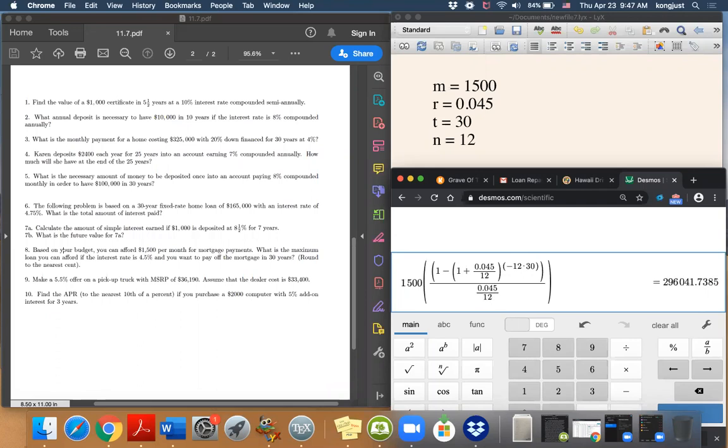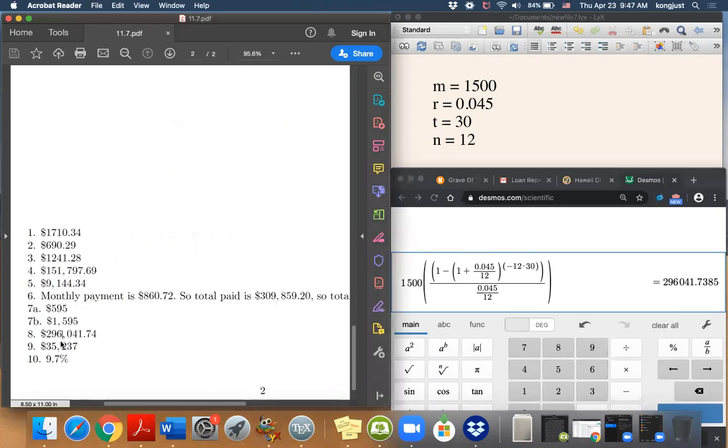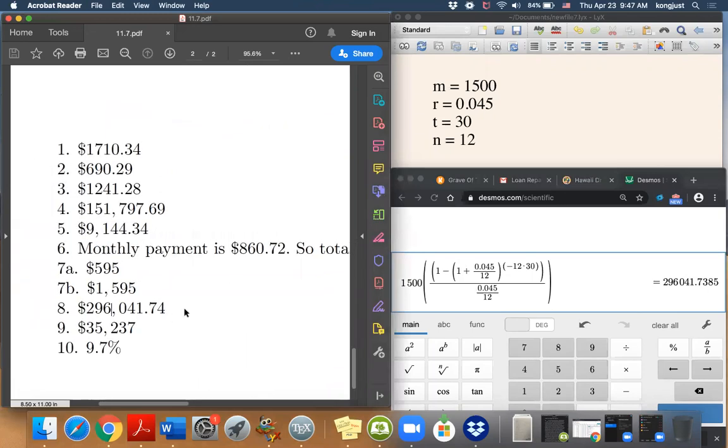Okay, looks like I got $296,041.74. Let's see if that matches. Yup.